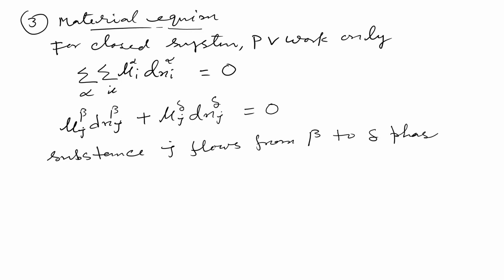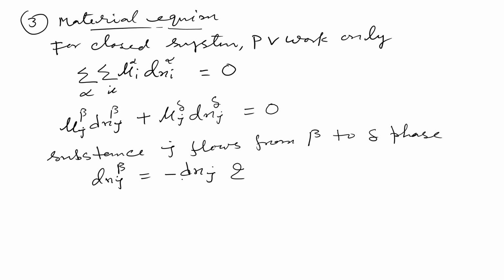That means before reaching equilibrium, when the equilibrium is not yet reached, J is flowing from the beta phase to the delta phase, right? And then we are considering that dnJ beta we are writing as minus dnJ, because from here the substance is going to the delta phase.